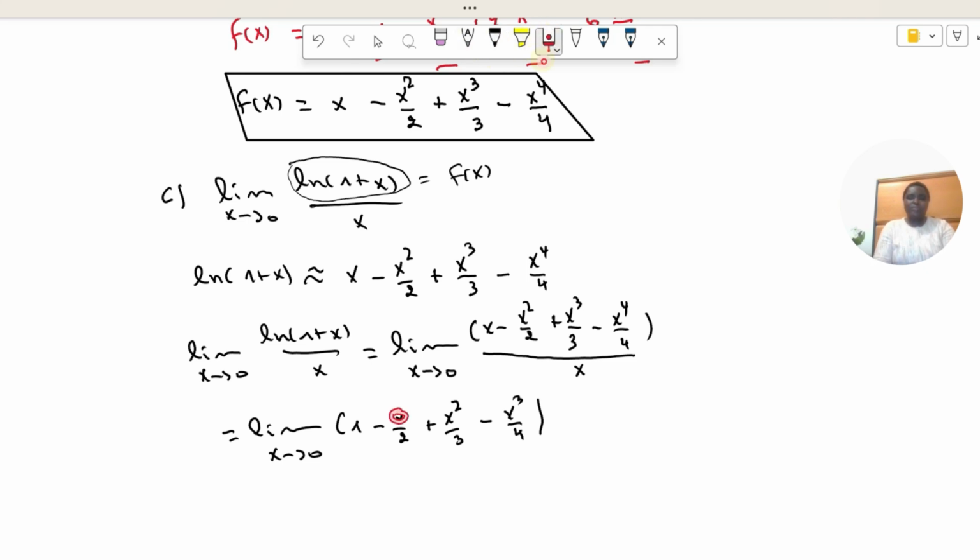Here we have 0 and here 0 and here 0. So all these terms will become 0. So then the limit will be equal to 1. Yeah, so the limit was equal to 1, and that was it.